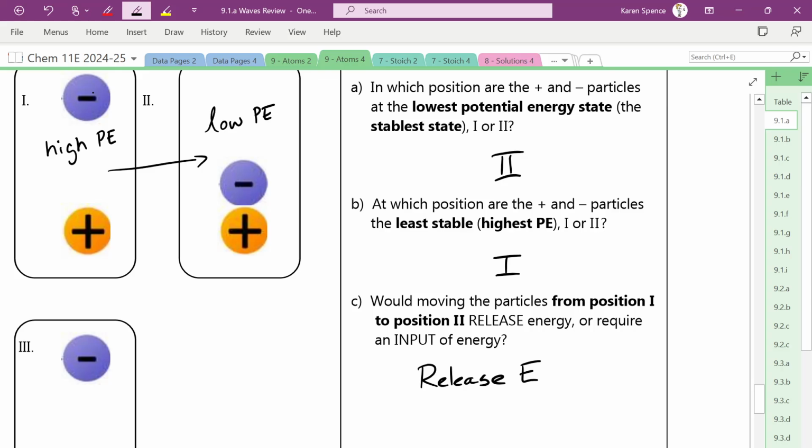And is that going to be endothermic or exothermic? Exothermic. Now, when I say exothermic, in these particular cases, we're probably not going to be giving off heat. We're going to be giving off light, okay? But it's the same principle.